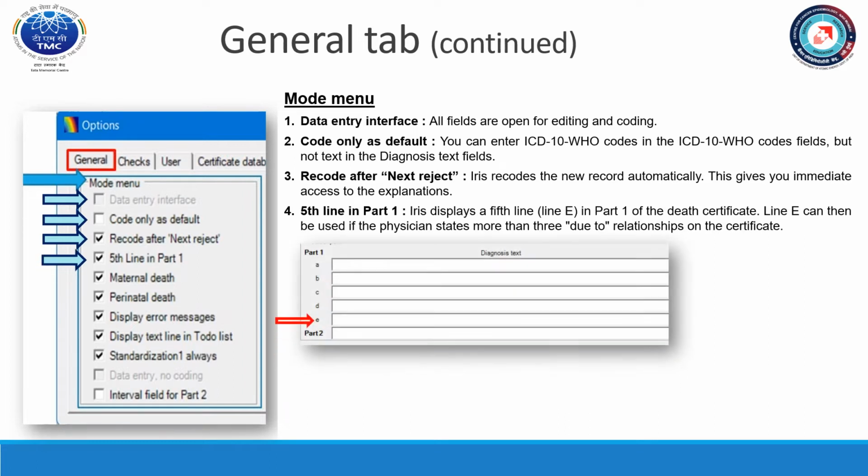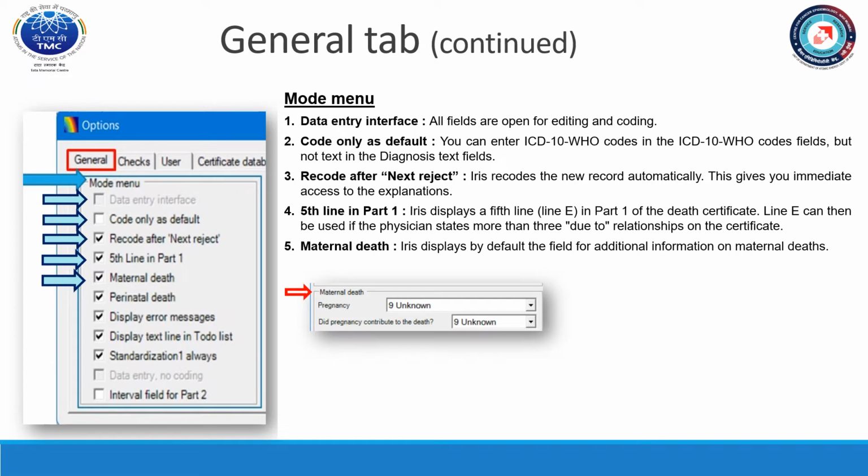If you want to use the fifth line in part 1, select the fifth line in part 1 option, then IRIS displays the fifth line as line E, which can be used if the physician states more than 3 due to relationships on the certificate.